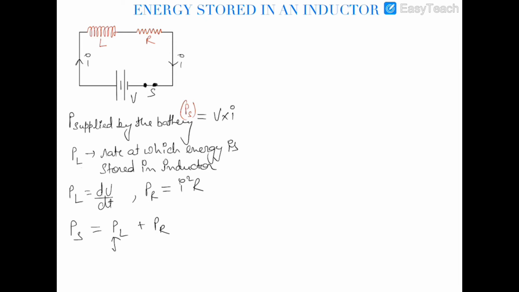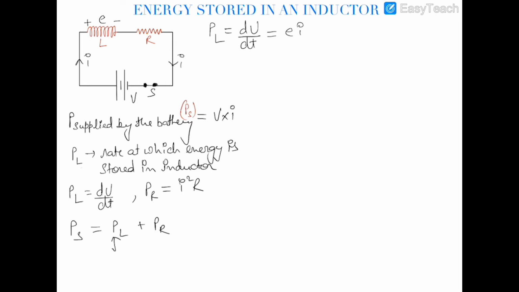Now first of all, we know that as we have started the circuit, the current will increase, and due to this increasing current, EMF would be developed across this inductor with this polarity. Okay, so the power PL, which is the rate at which the energy is being stored in the inductor, is du by dt, and it is equal to E into I, where E is the EMF across this inductor and I is the instantaneous current flowing through it.